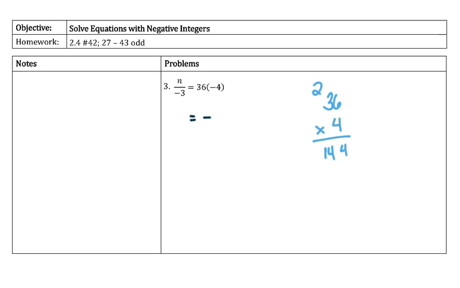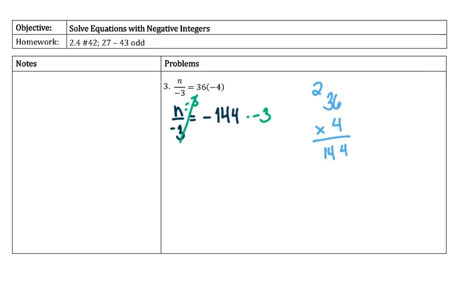So then we know our answer is -144 on the right-hand side, and we're still left with n divided by -3 on the left. Now remember, getting rid of this denominator is going to mean that we have to multiply both sides by -3. And those cancel out.